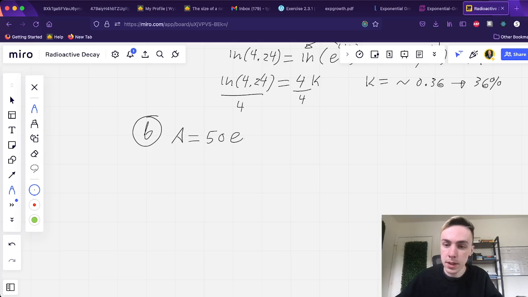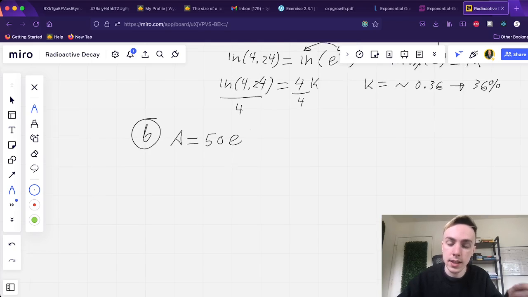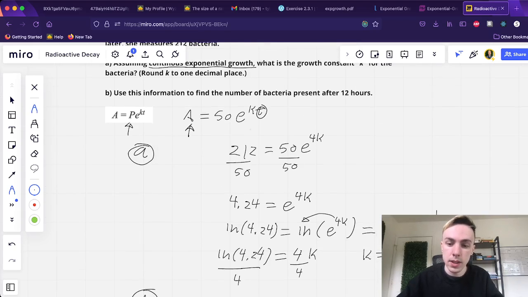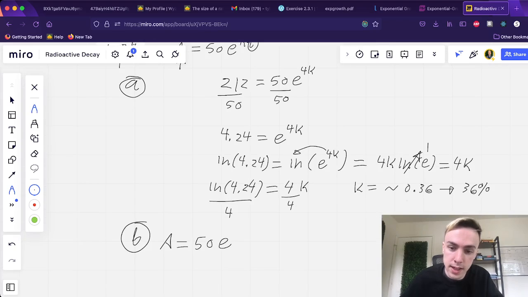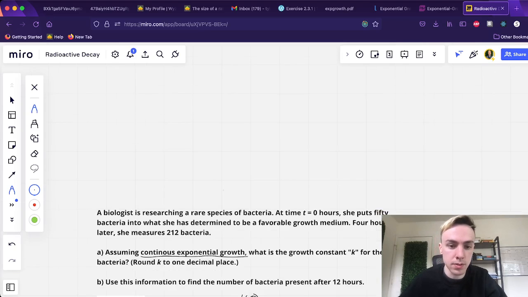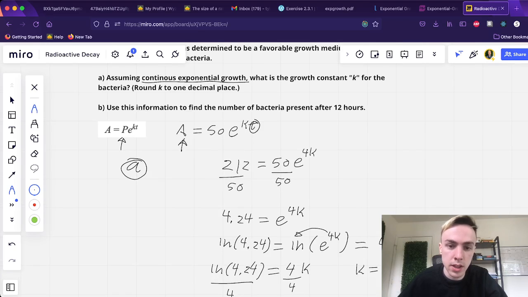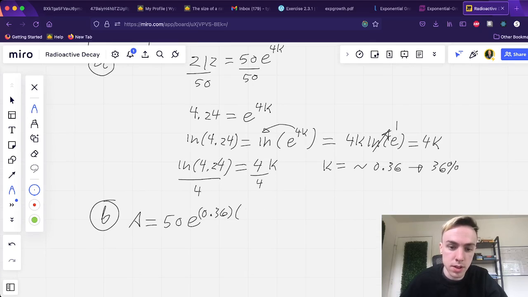And we multiply it by e raised to the kt. So what is k? K is 0.36 as we established. And then what is the time frame? Well, our time from question B is 12 hours. So we just substitute 12 into our time.